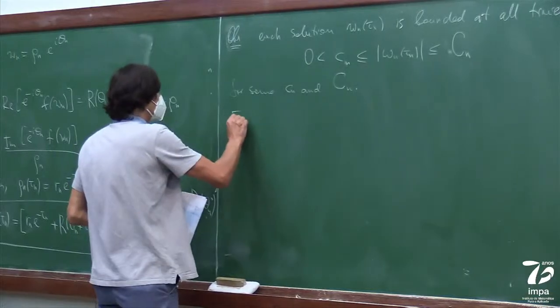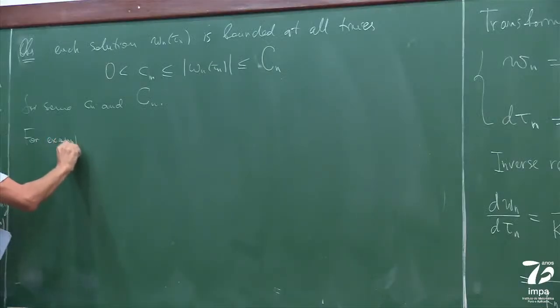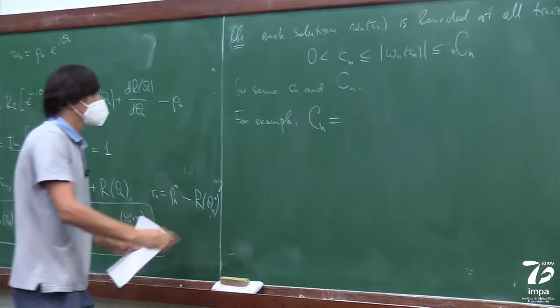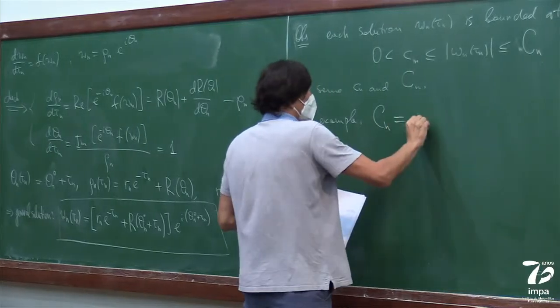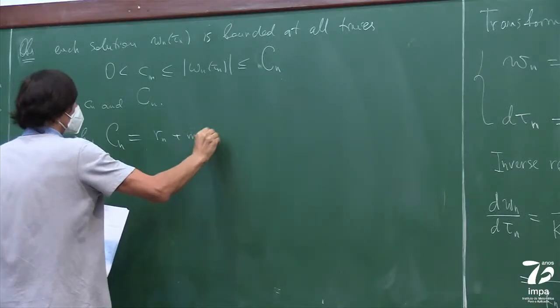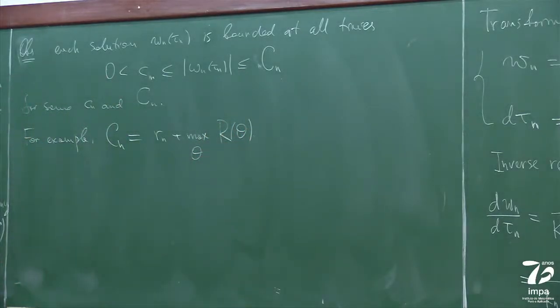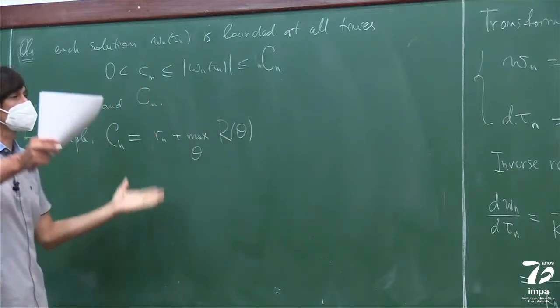So, for example, you can choose Cn as Rn plus the maximum over the circle of r, right? And there is a little bit more work to show that you can always also choose the lower bound. Of course, they both depend on the initial condition, but given the initial condition, for all times you have lower and upper bounds.